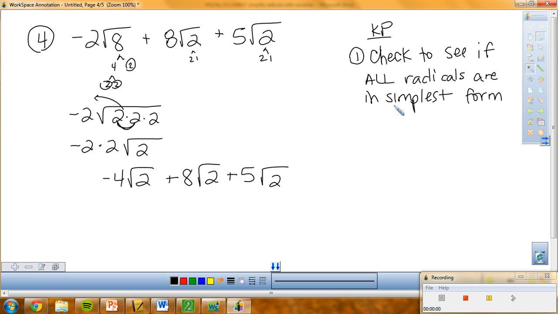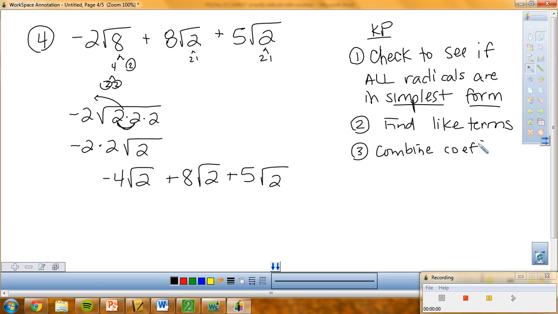Once all radicals are in simplest form, step 2, I want to find like terms, and then finally combine coefficients. So I do see that I have a square root of 2, a square root of 2, a square root of 2.